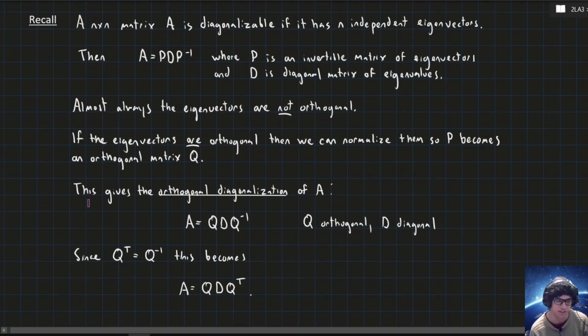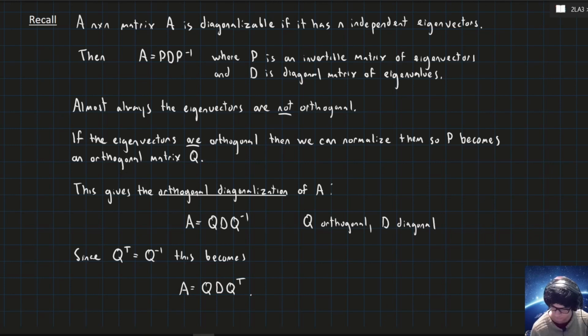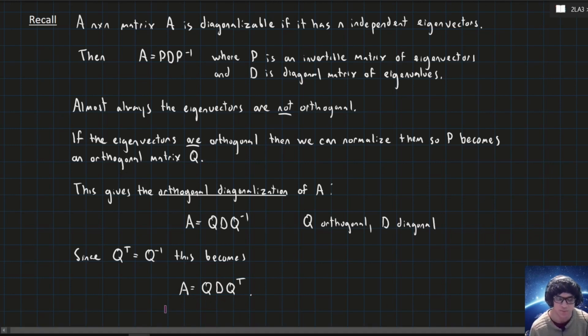So in this special case, we get orthogonal diagonalization of A. That means we can write A equals Q D Q inverse, where Q is orthogonal and D is diagonal. But since Q is orthogonal, its inverse is its transpose, and so we can write A equals Q D Q transpose. Being able to do this saves a lot on computation.